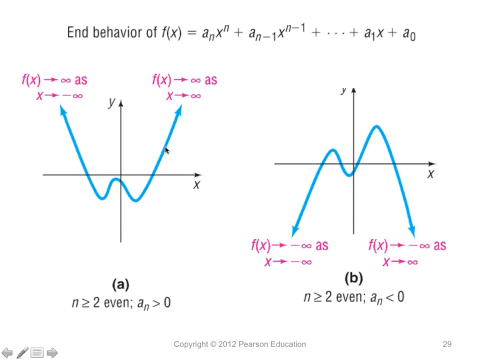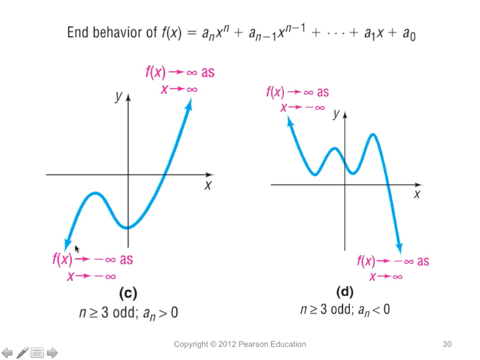And something is going to happen in the middle, and we'll use our other techniques to figure that out, but we know it's going to go up on the left, up on the right. And in addition, if you have an even power still, but this time you have a negative number out front in front of your x, that means that it's going to make your graph open down on both sides. So on the left it goes down, on the right it goes down.